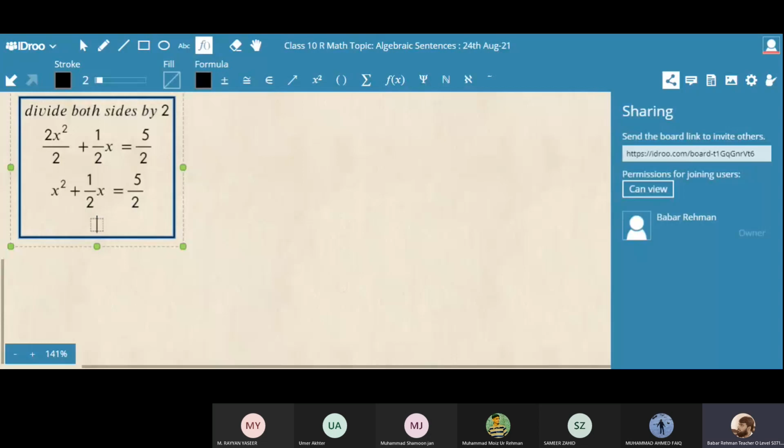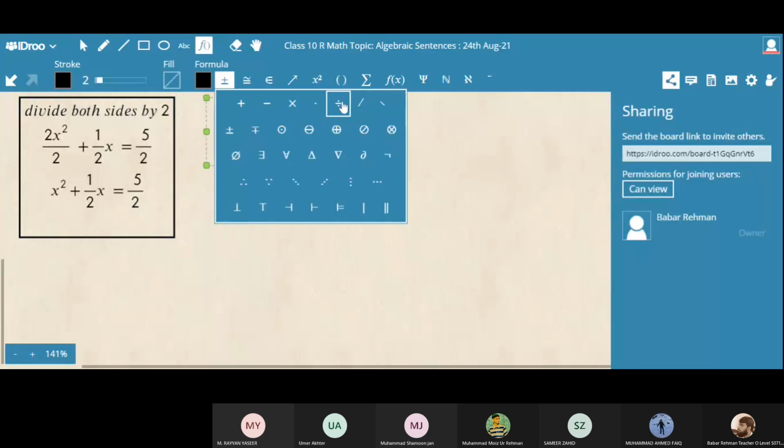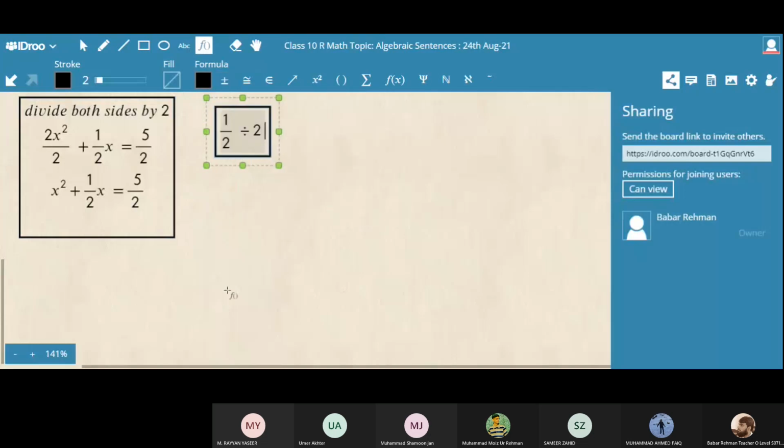Half of half is 1 upon 4. Okay, so I write over here, it will be 1 upon 4.